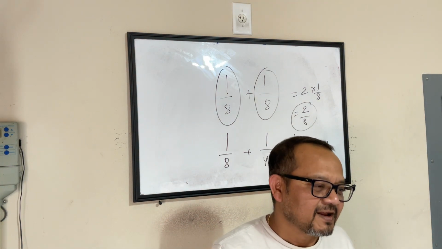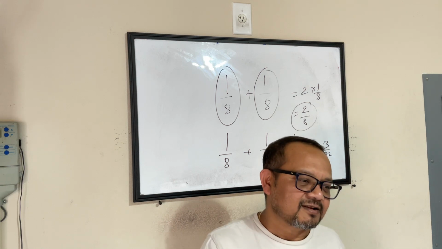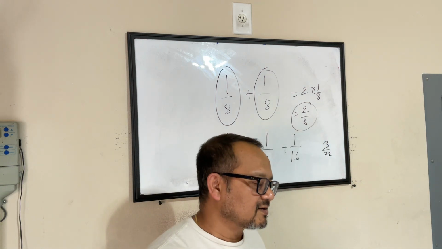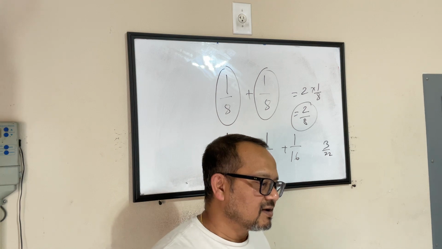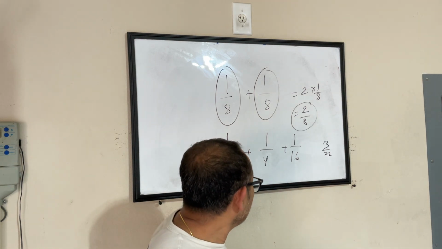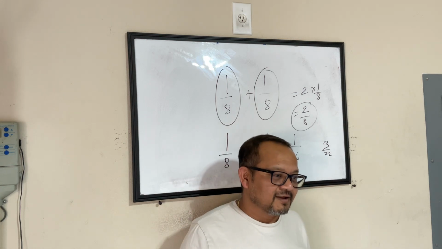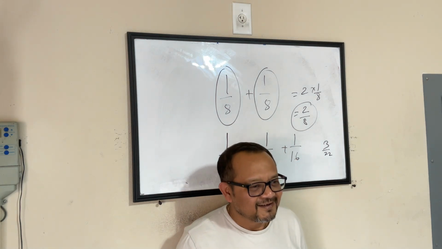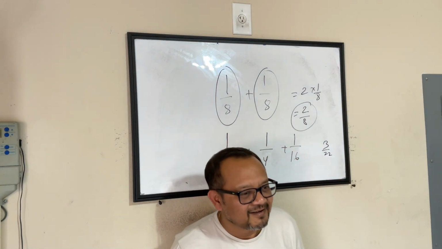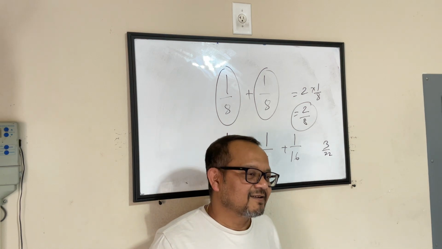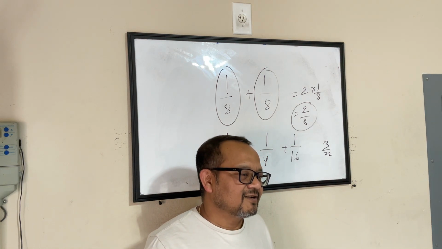So first I added the numerators. That gave me 3. And the denominators gave me 28. So that was the answer. Then I could convert it into a mixed number and divide it, then it's going to be the answer. Okay.